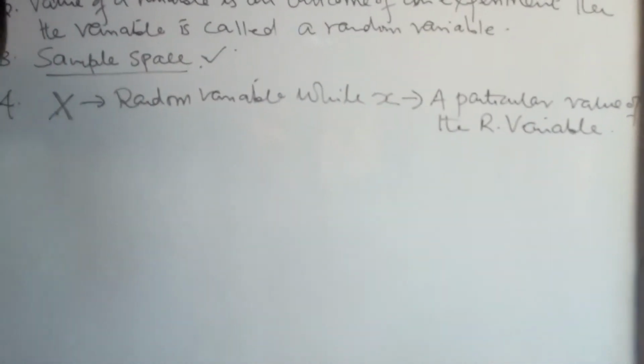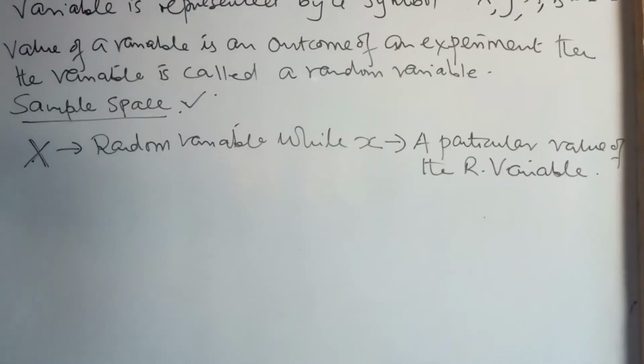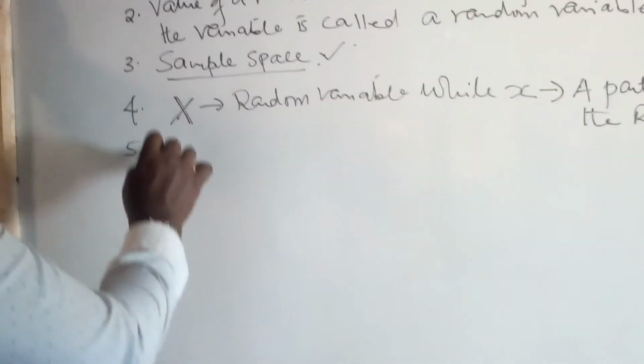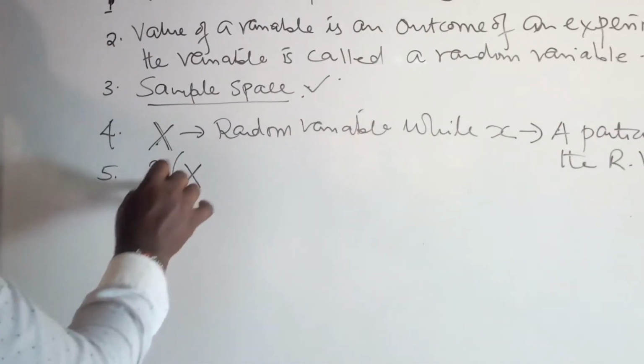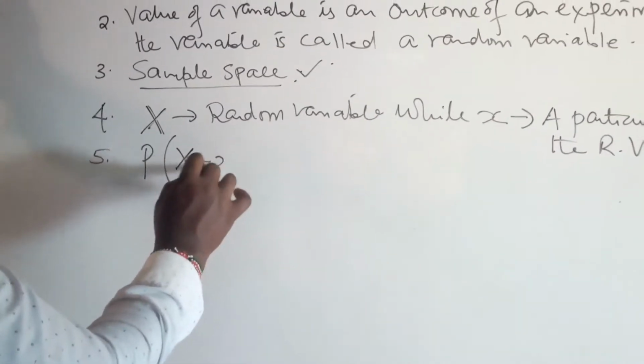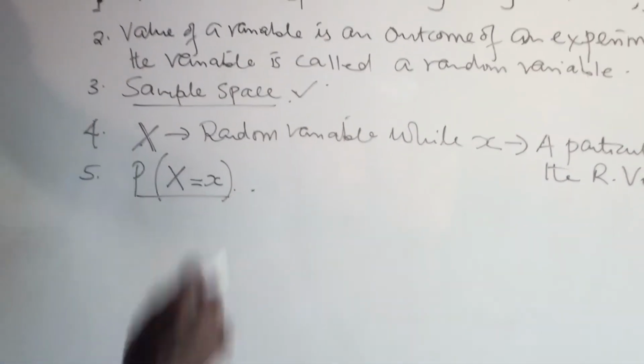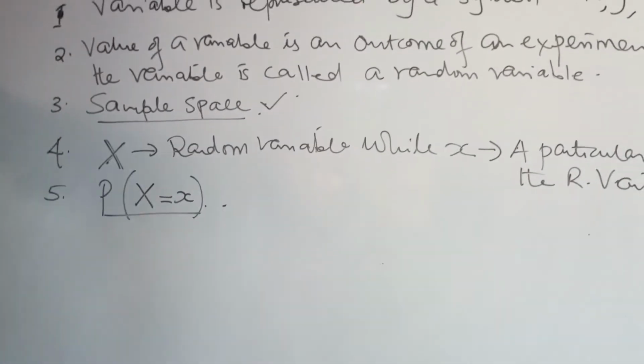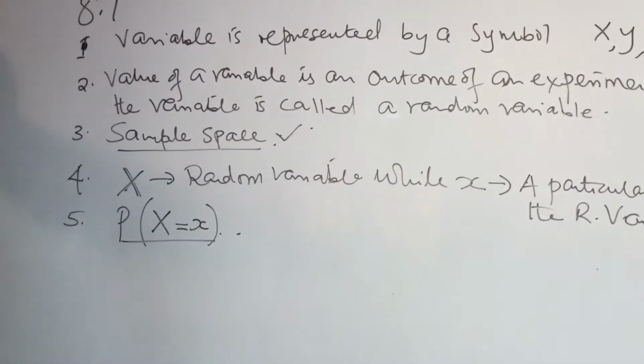Now, you can also talk about probability. The probability that the capital X is equal to small x is written that way. We'll explain further later, and both of these are interchangeable.